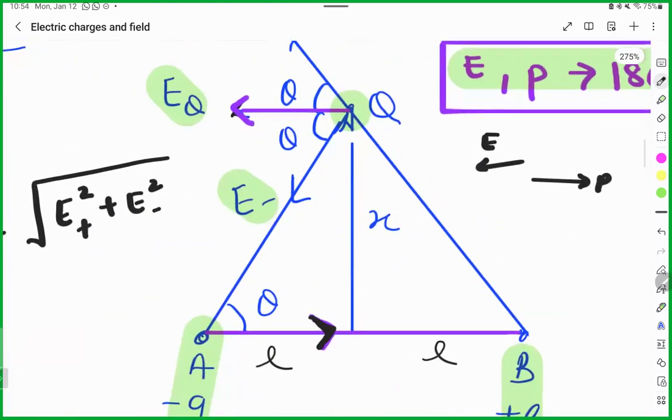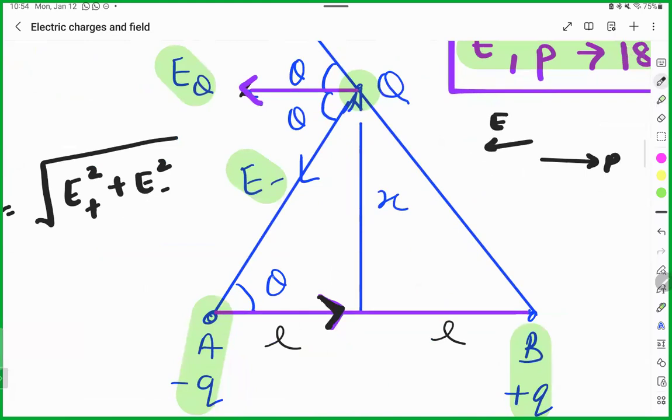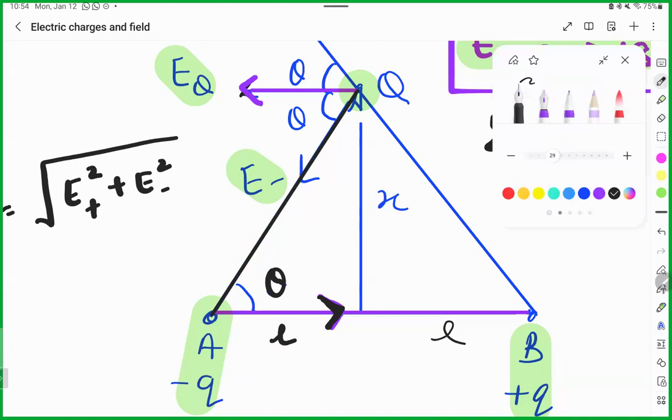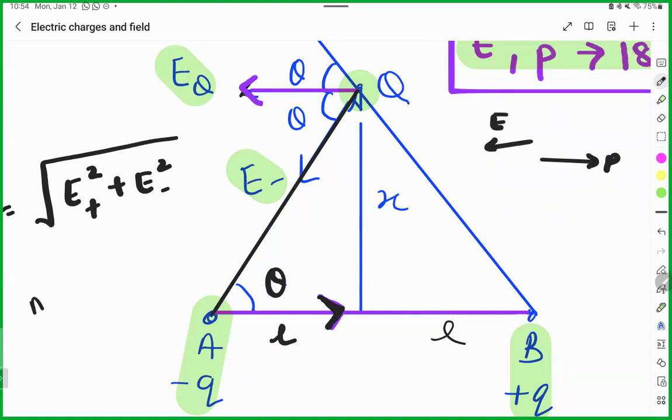Also, when you consider point P from A, it has angle theta, and the dipole has total length 2l, so this will be L and this will be X. You can calculate this distance A to Q. Let's take this O. AQ will be equal to the square root of AO square, which is L square, plus OQ square, which is X square.